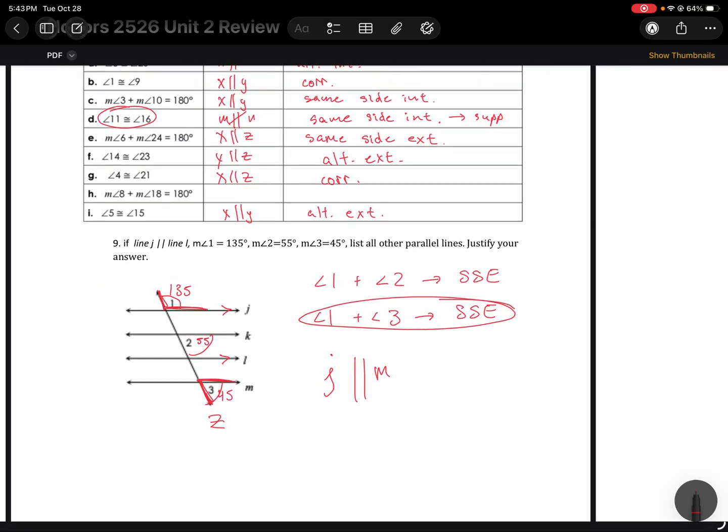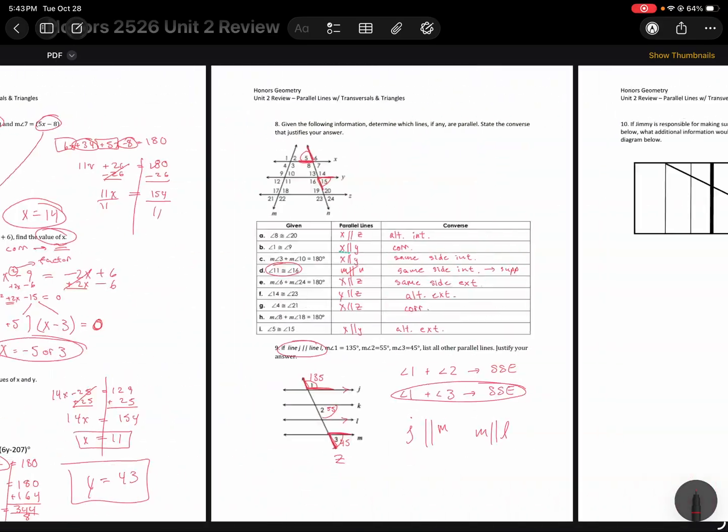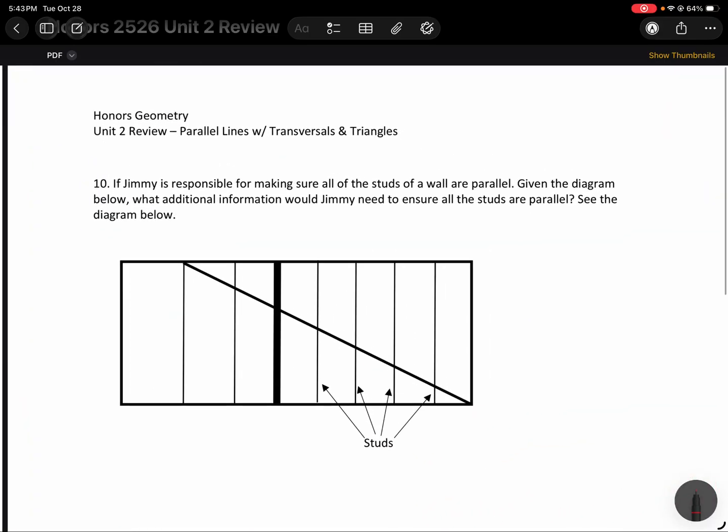Which also means if J and M are parallel, then M and L should also be parallel, because J and L are parallel in the first place. That is given to us. Okay, finally done with half of the review.